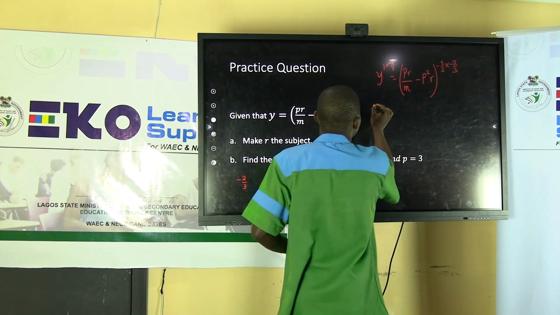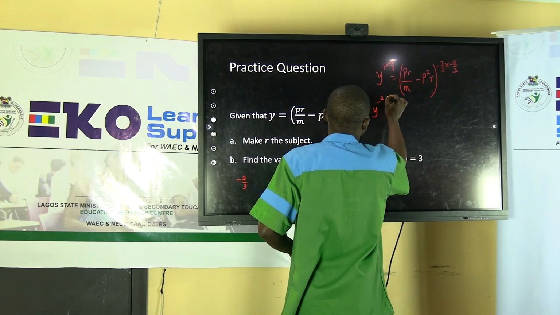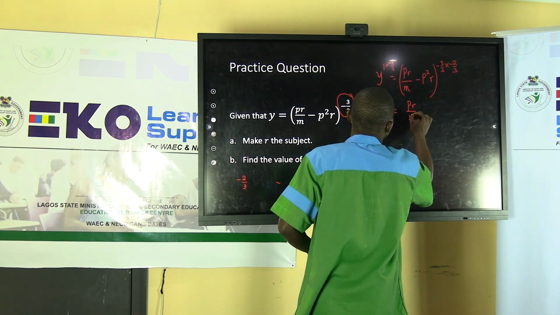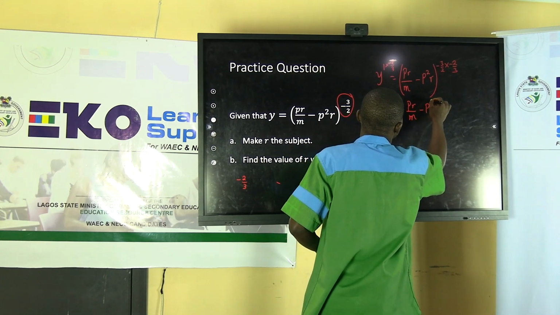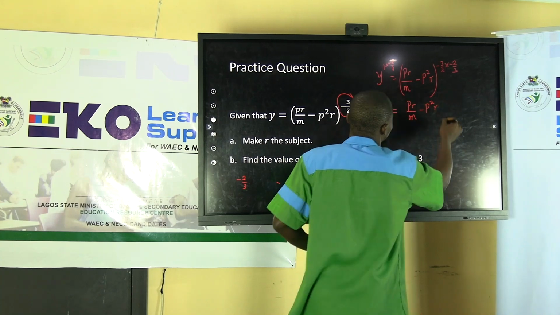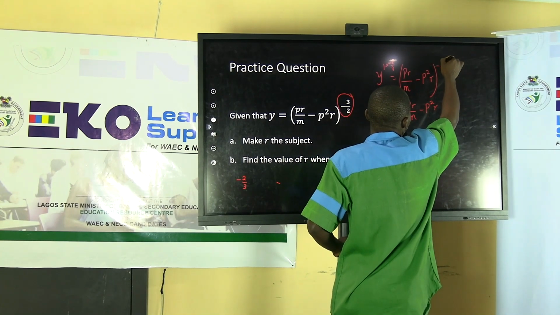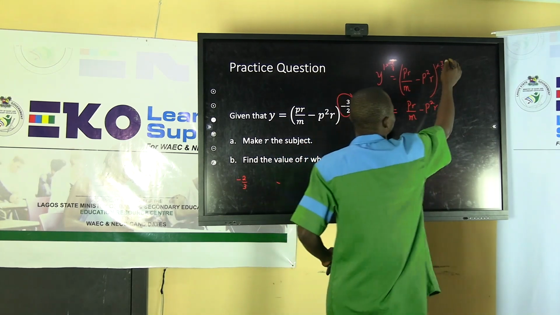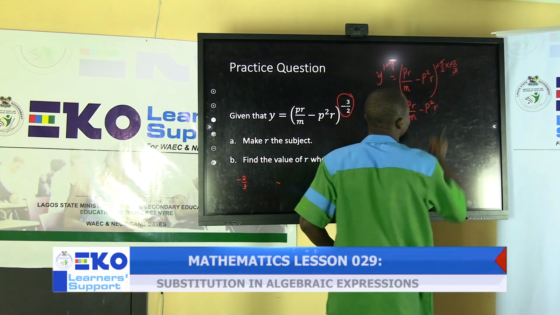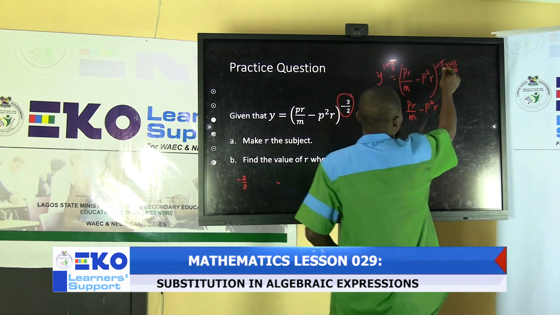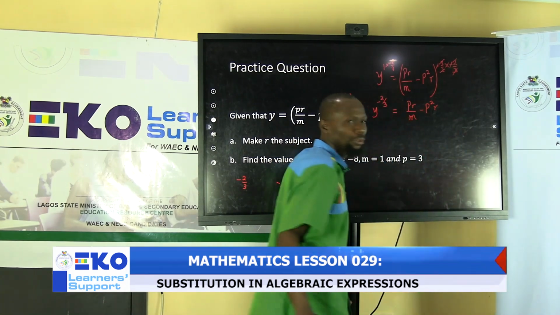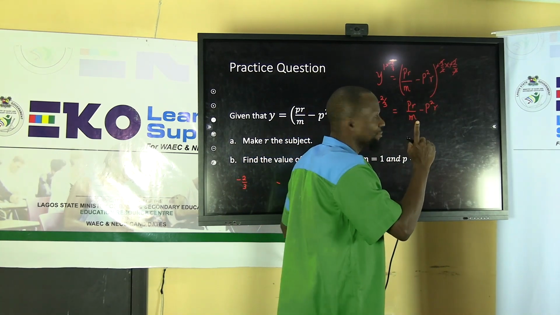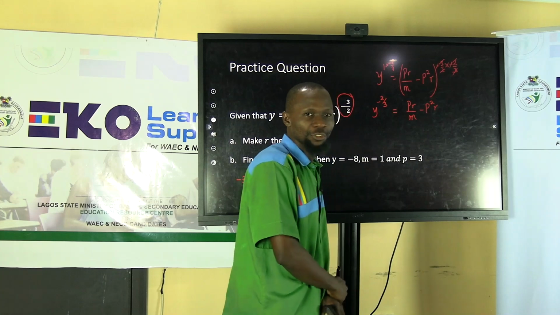And with that we have y raised to power minus 2 over 3 equals PR over m minus p squared r. In this case, the minus, we multiply minus to become plus. The 3 divides 3, 2 divides 2, and what do we have? We have 1.